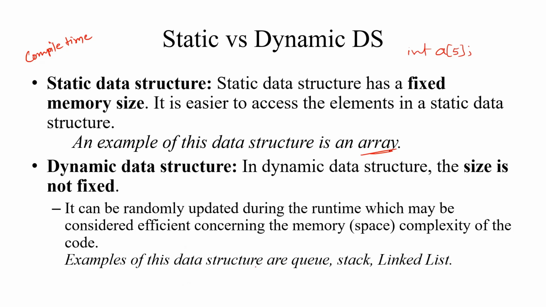In this way, memory utilization will be efficient. Examples of this are the queue, stack, and linked list. Although we are going to implement the queue and stack with the help of an array, which is a static data structure, we can also implement queue and stack using a dynamic data structure.